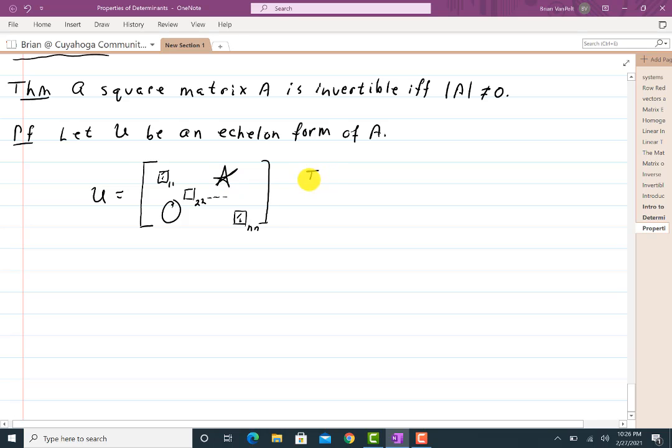So now, if A is invertible, it has n pivots. That means we're going to have the diagonal structure that I'm looking for.